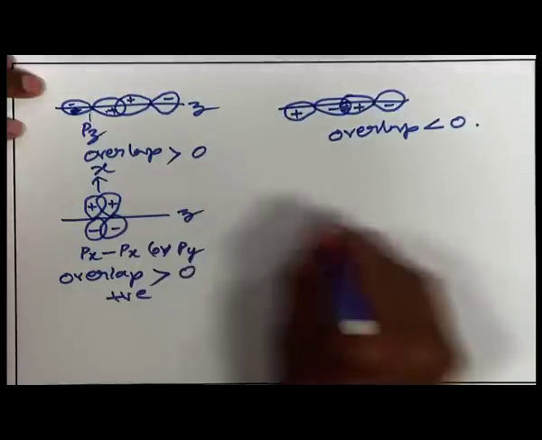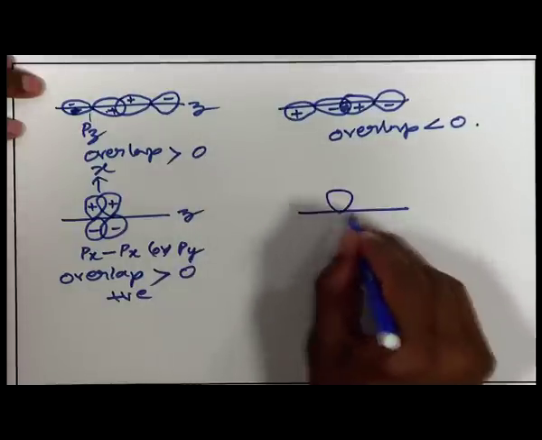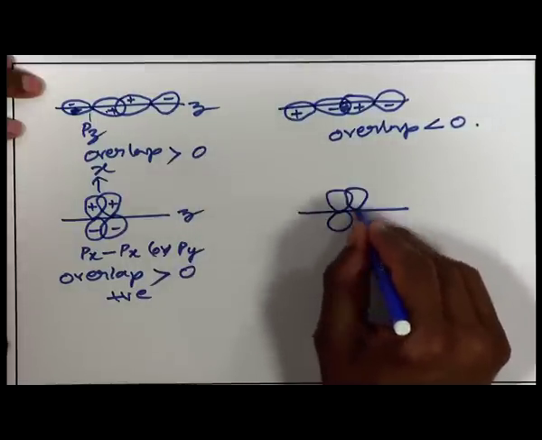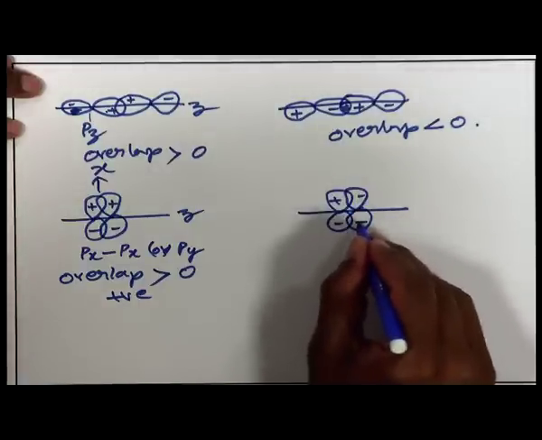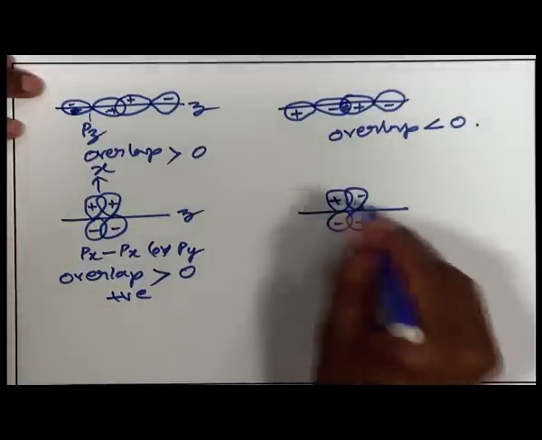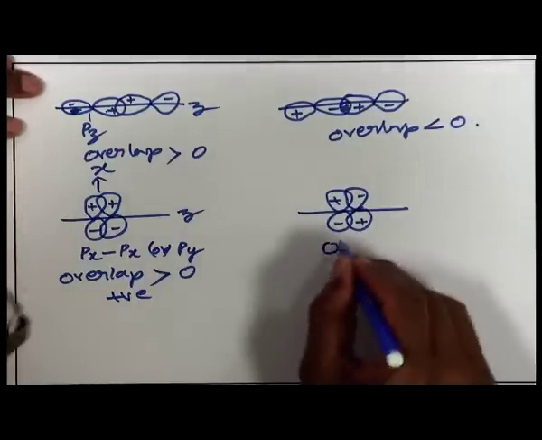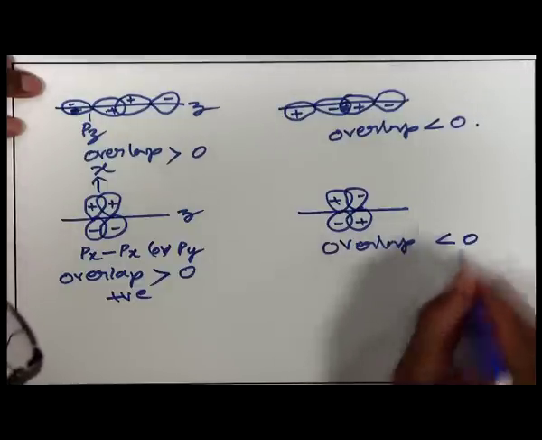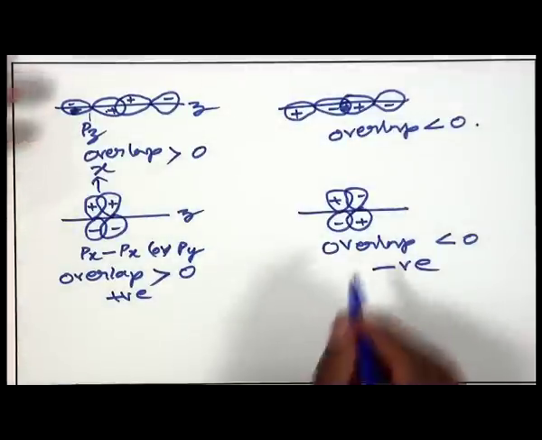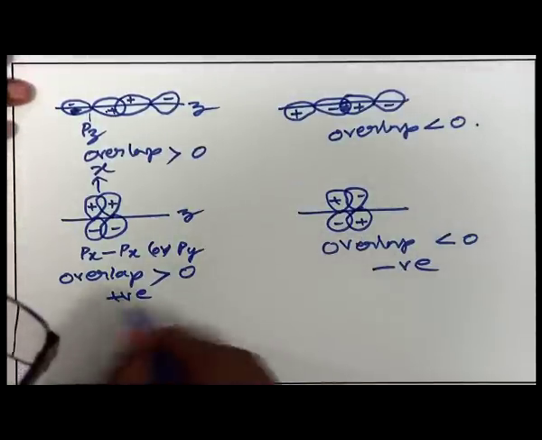If you draw the same diagram in this way, positive, negative, negative, positive, you see that here the overlap is less than 0, so negative. So, this is not for bonding, this is for bonding.